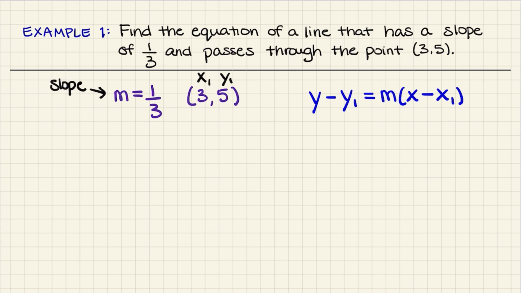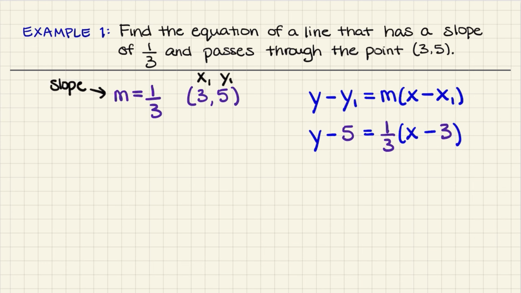All right, so we have y minus y1 is 5. So 5 equals m is 1/3, so equals 1/3 times x minus x1, which is 3. So minus 3.